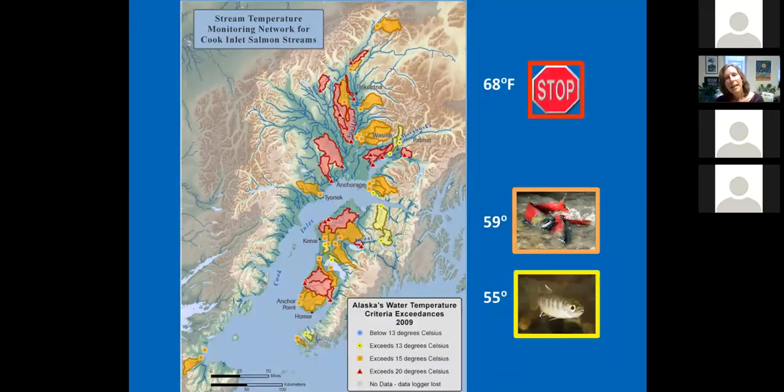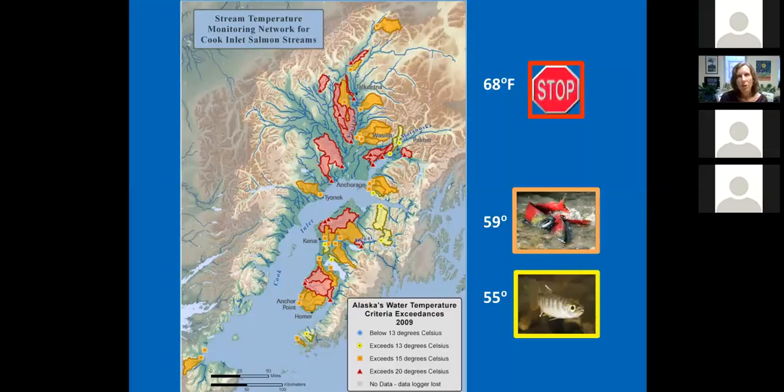So here's a snapshot of some of the information that we learned. These are the 48 streams, and they're color-coded by their watershed by the maximum temperatures that we saw in these streams. And on the right-hand side, you'll see 3 different temperatures, and these relate to the stage at which a salmon is stressed once you go above these temperatures.